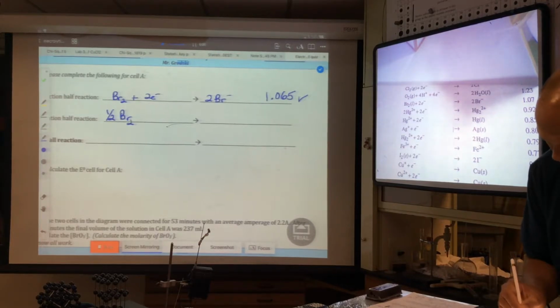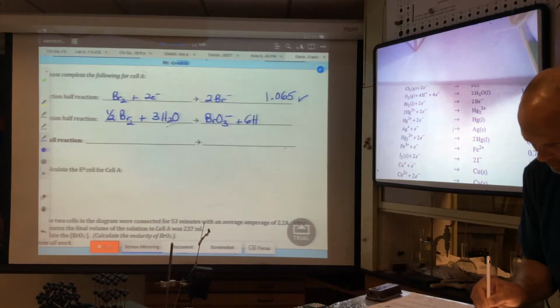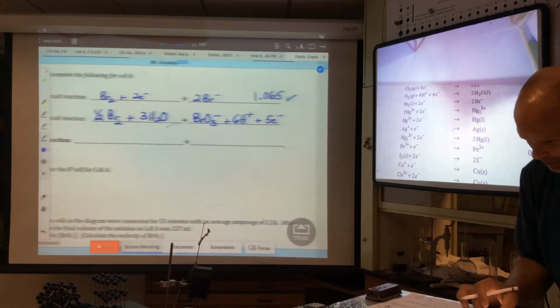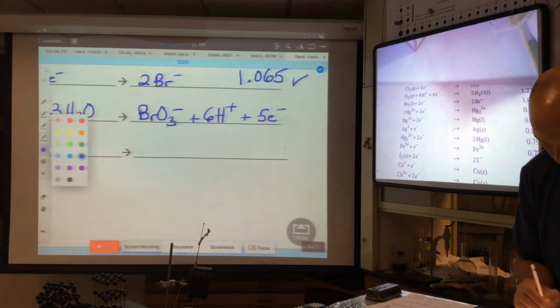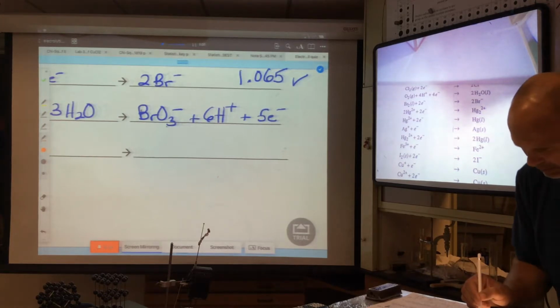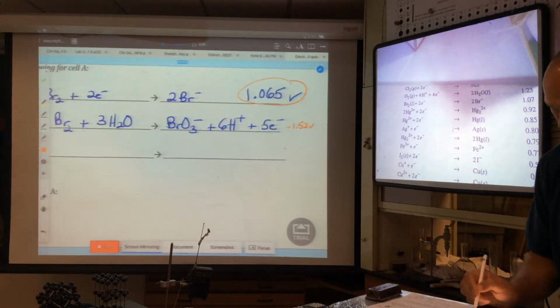This was a little more advanced, but we can handle this. It's just balancing. It's stoichiometry. Balancing the electrons. And what was the value here? Positive 1.52, right? Wrong. It's going to be negative, because we're flipping.